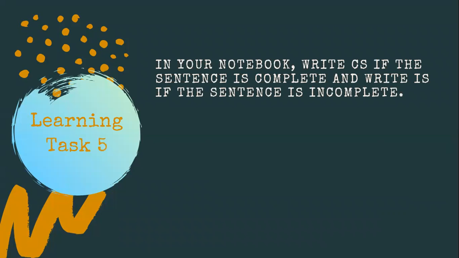For learning task 5, in your notebook, write CS if the sentence is complete and write IS if the sentence is incomplete. Please refer to your module for week 6, page 29. You just need to write CS if the sentence is complete or expresses a complete thought or idea. If it does not, write IS.